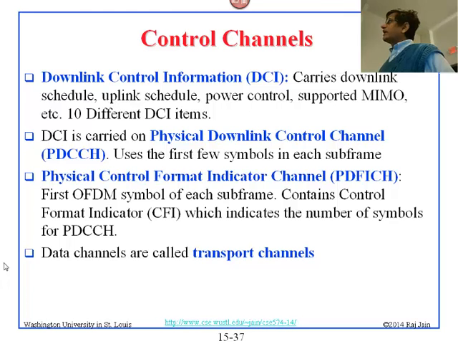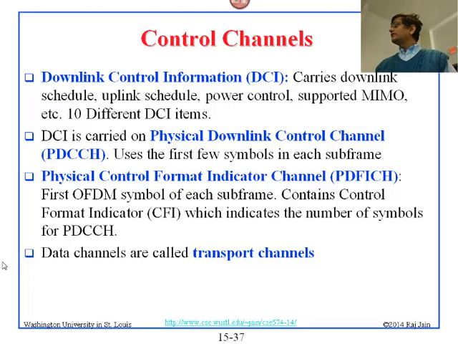And then there are more control channels, and I really don't want to go through them here again because you won't remember and I won't remember them. All we need to remember is that there are control channels. Okay? And then there are data channels, which are called transport channels, or traffic channels. Either name.